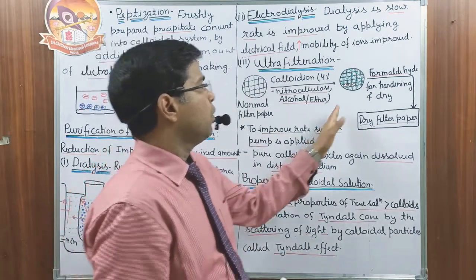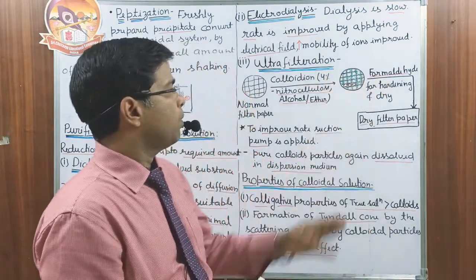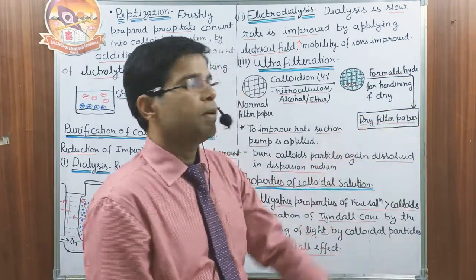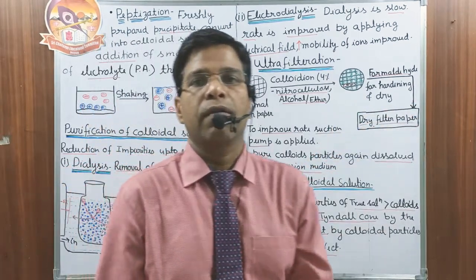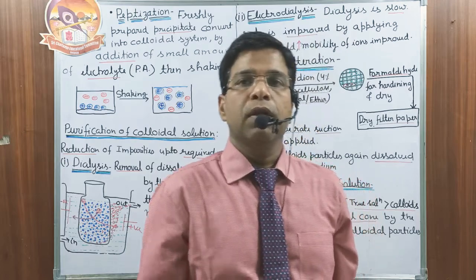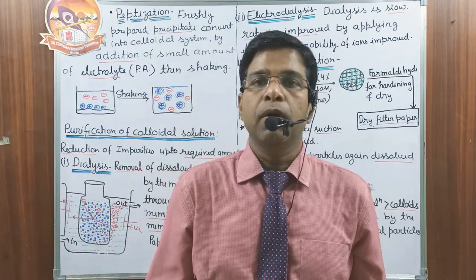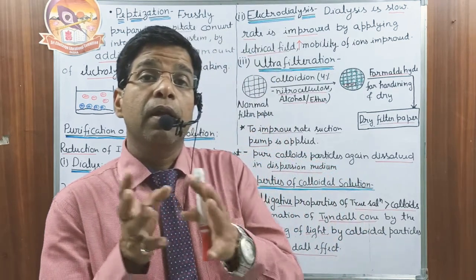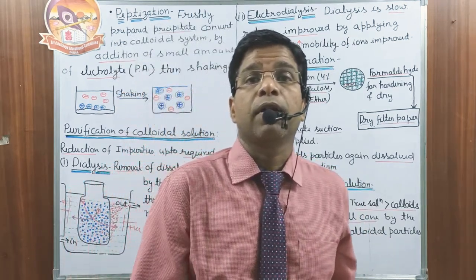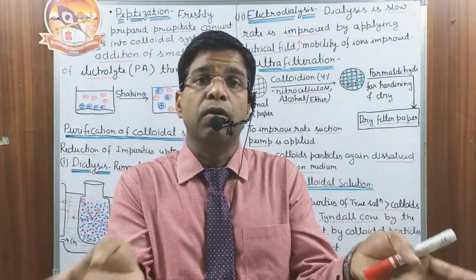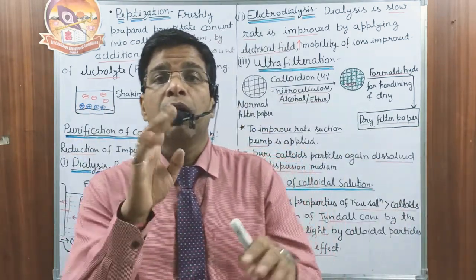Then we wash this filter paper with formaldehyde, and it becomes hard. After drying, our dry filter paper becomes ready for ultrafiltration. If we filter our colloidal system through this ultrafilter paper, only electrolyte particles are allowed to pass. All the colloidal particles remain on the top surface of the ultrafilter paper.